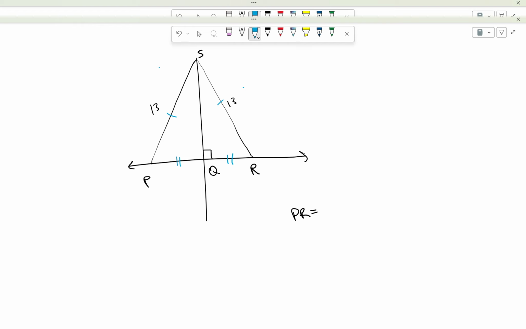Has to be, because that leg shows the equidistance from S to P and S to R. So then, what's also given in the problem is that PQ is 5, so PR would have to be 10, okay? Because it would just have to be double whatever that other thing is.